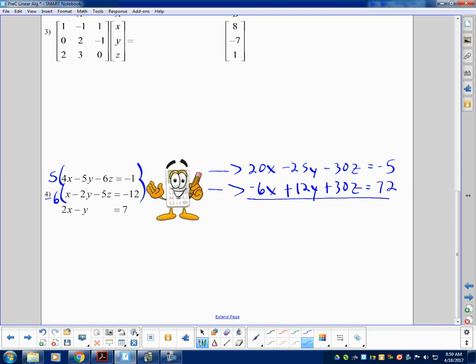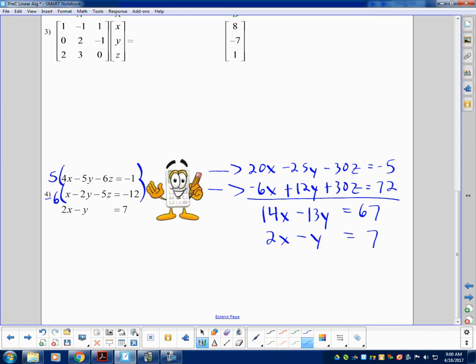You'd put a line underneath it, you'd add them, and your new equation would be 14x minus 13y equals 67, right? Okay. So now you could bring this other one underneath it, 2x minus y equals 7.